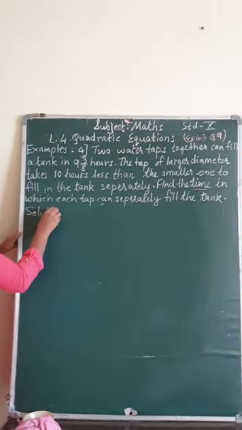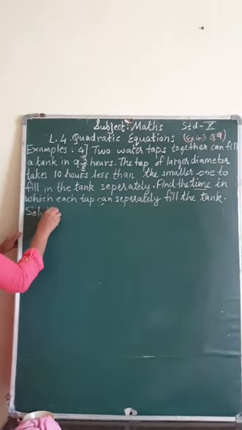Next, multiply this. So we get here 150x minus 750 is equal to 8x square minus 80x. Now if you transpose this here and this here, finally we get 8x square minus 80x.